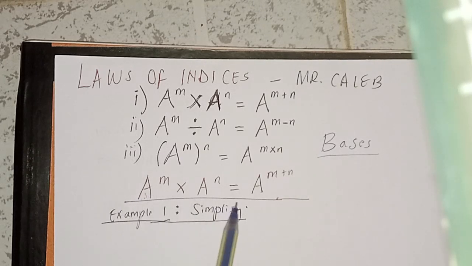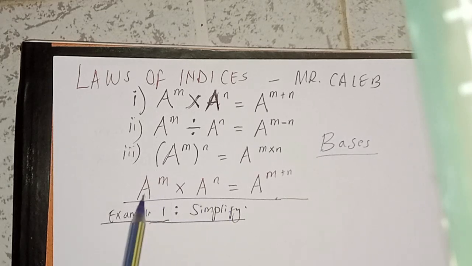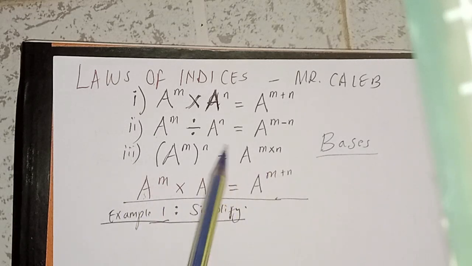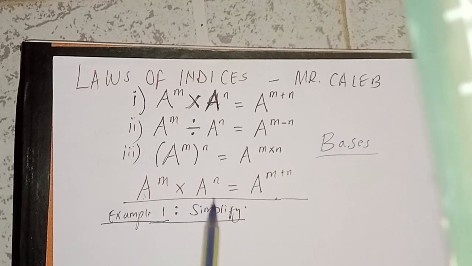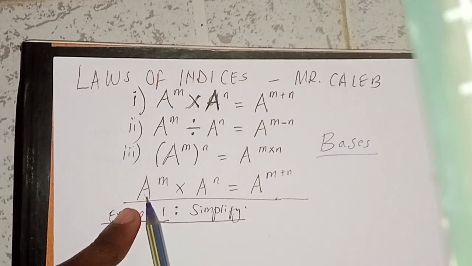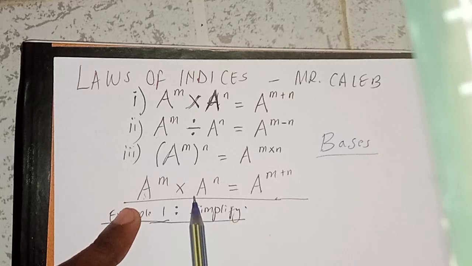In this first law of multiplication, whenever you're handling two numbers, they have the same what? The same bases. Whenever you're multiplying, first the bases have to be the same. The bases must be what? The same. For this law to work out, these bases must be the same.